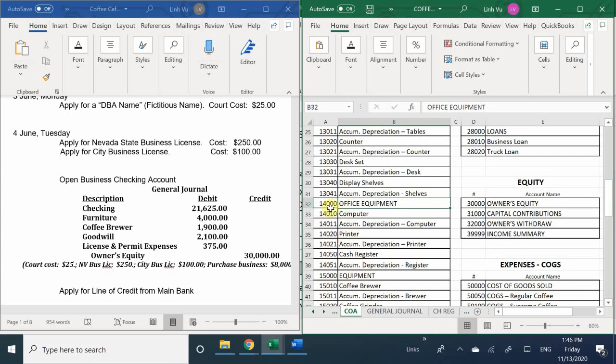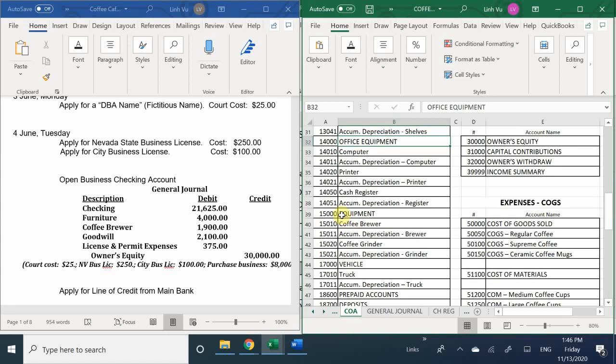If office equipment's a main account. Yes, it is. So again, it's under our main account under equipment and it's broken down to specifics. So here I actually have an actual coffee brewer for 15 exactly. All right. Now the next account is goodwill.